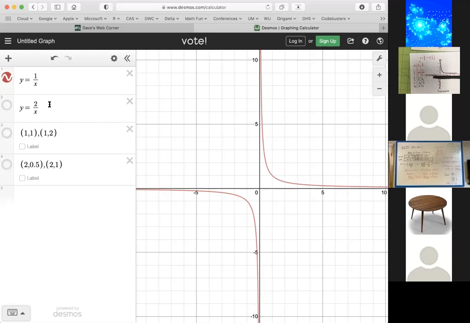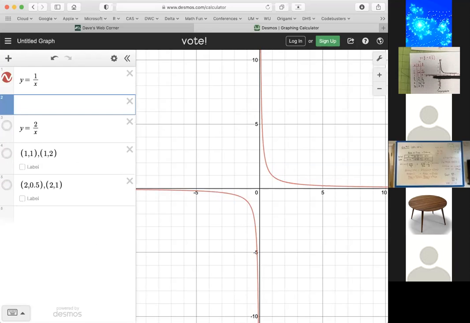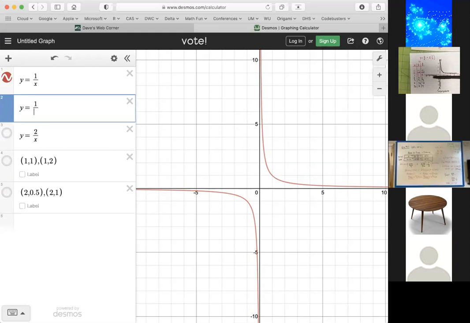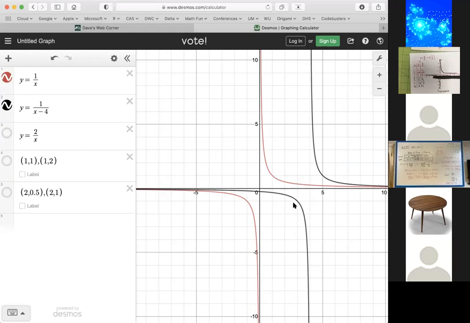So now let's take the function 1 over x, which here is in red, and now let's compare it to the function 1 over x minus 4. Oh, watch this, like instant gratification. There's 1 over x minus 4 in black.